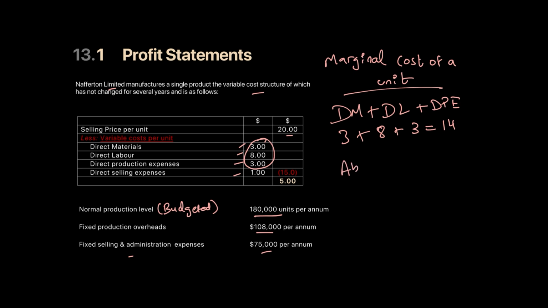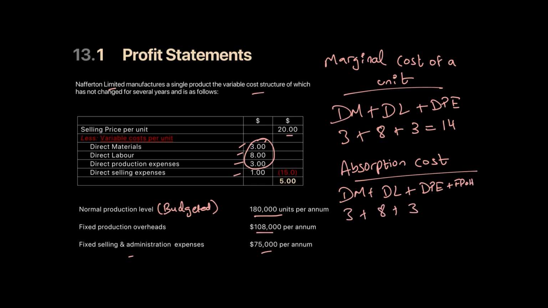Now if I were to calculate the absorption cost of a unit, what would be added? Direct material, direct labor, direct production expense, but it would also include fixed production overhead per unit. So 3, 8 and 3 remain there. Fixed production overheads are 108,000, but we need to trace it on a per unit basis.